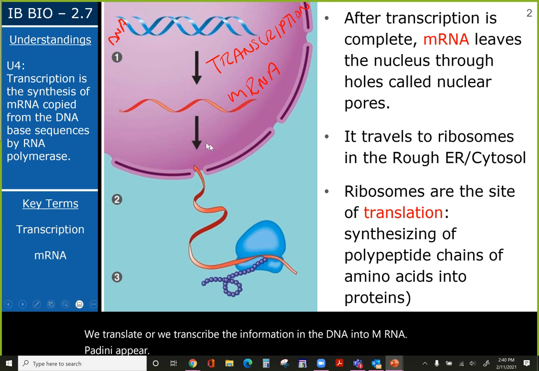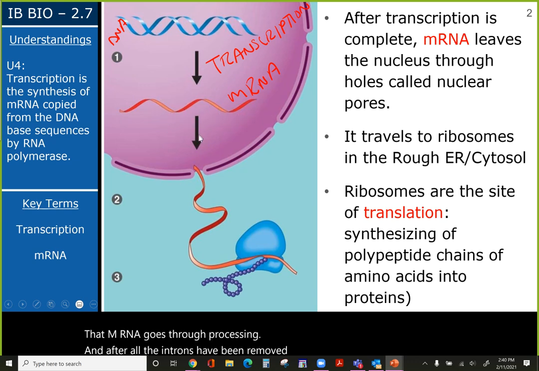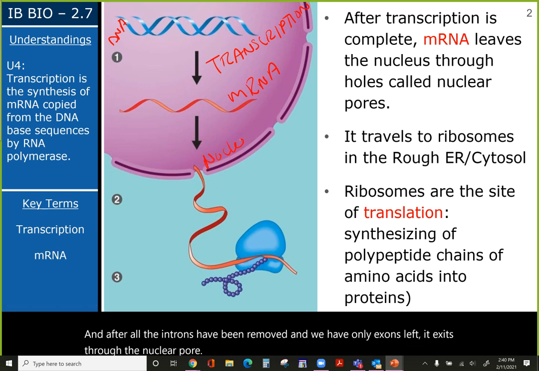That mRNA goes through processing, and after all the introns have been removed and we have only exons left, it exits through the nuclear pore and goes out into the cytoplasm.